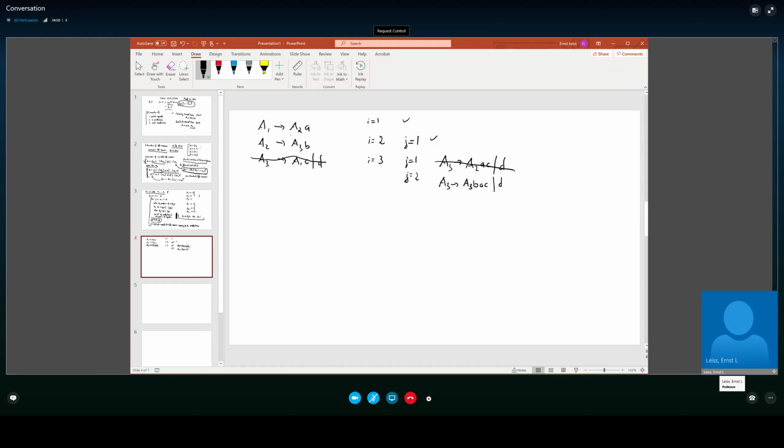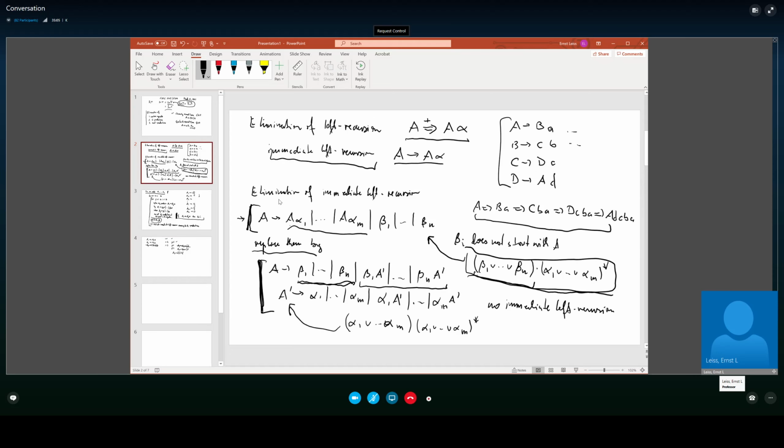And so what we do then is we get A3 goes to D, or D A3 prime. Now we just apply this process for the elimination of immediate left recursion. We have one alpha and we have one beta.